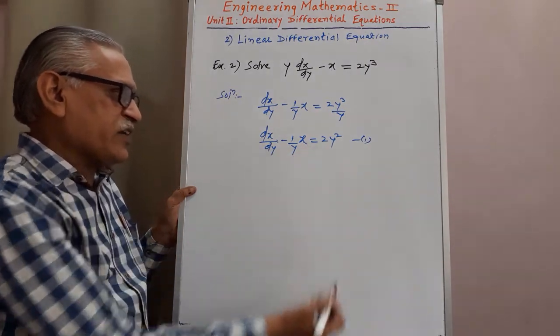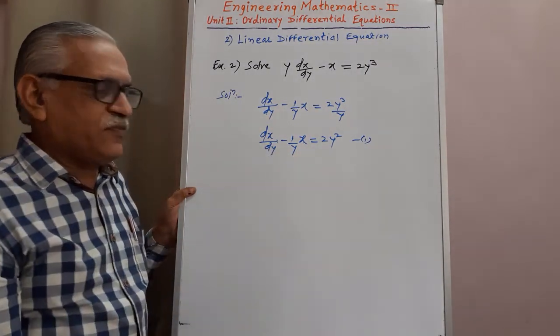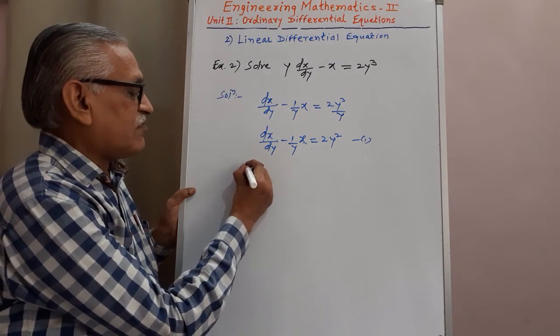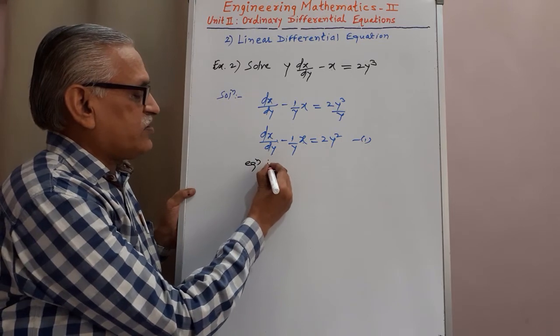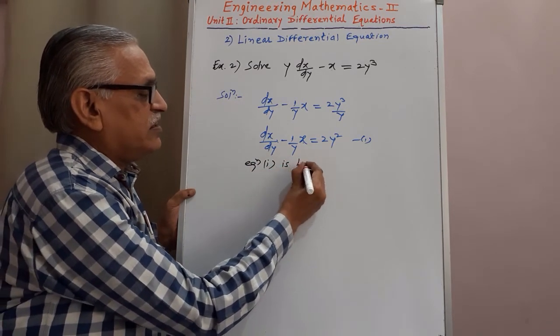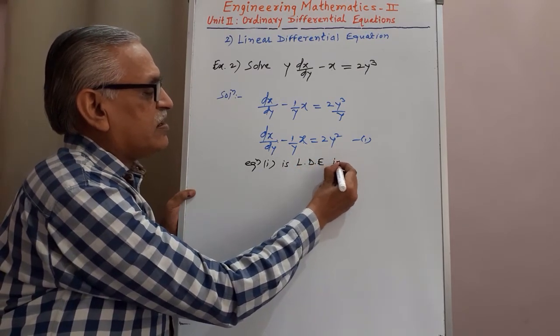They are not multiplied together, we are not getting a term of x into dx by dy, therefore it is linear. Equation 1 is a linear differential equation in x.